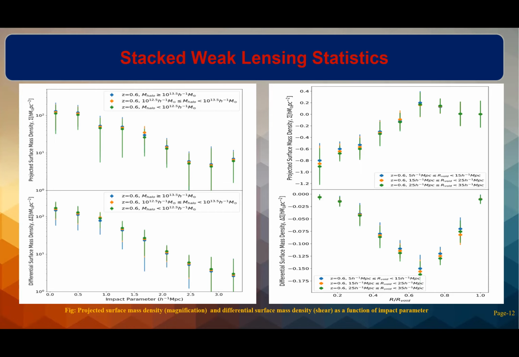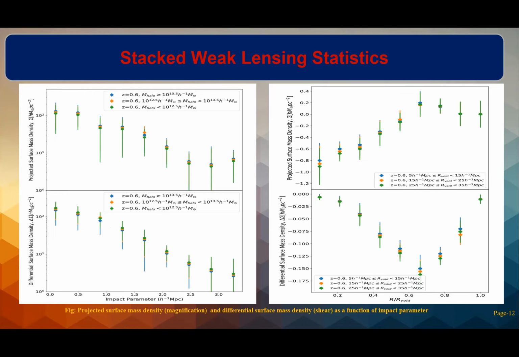The variation of the weak lensing tangential shear as a function of impact parameter at redshift z equals to 0.6 is shown in the left bottom panel. Similar to weak lensing magnification, we observe that the value of the tangential shear is maximum near the center of the halos and gradually decreases when the distance from the center of the halo to the center of the bundles increases.